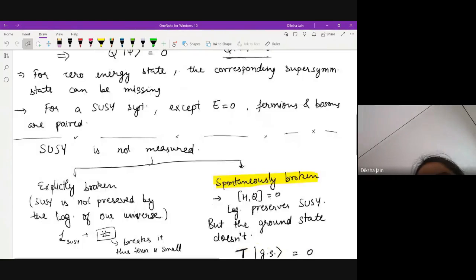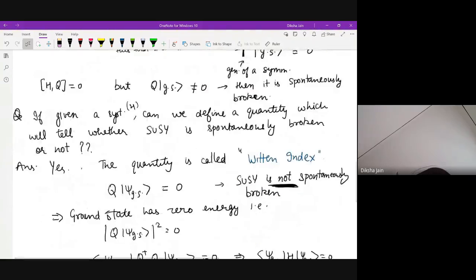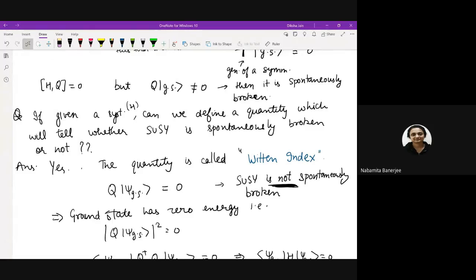So if it's spontaneously broken, then you will have the Goldstone boson corresponding to it. Then, sorry. Yeah, I think it is important with respect to which background you are writing down your theory, meaning the vacuum expectation value for your ground state.